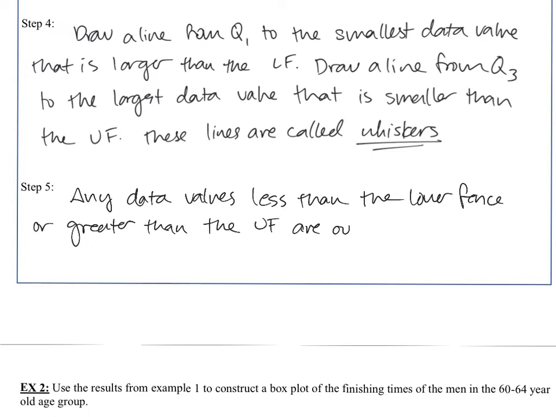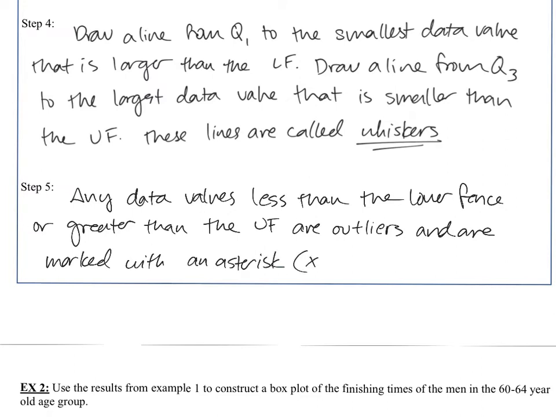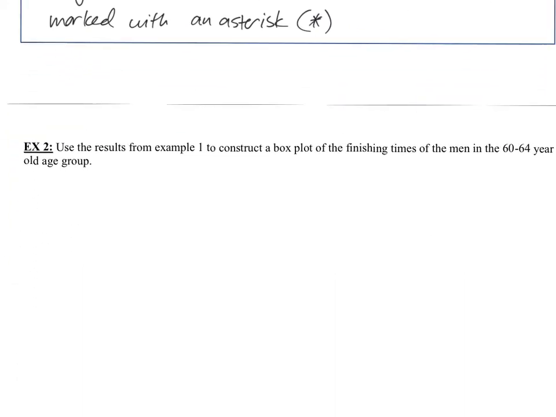Oops, that's spelt wrong. Outliers. And they are marked with an asterisk. Alrighty, there we go. We have the steps. Now let's make use of it.